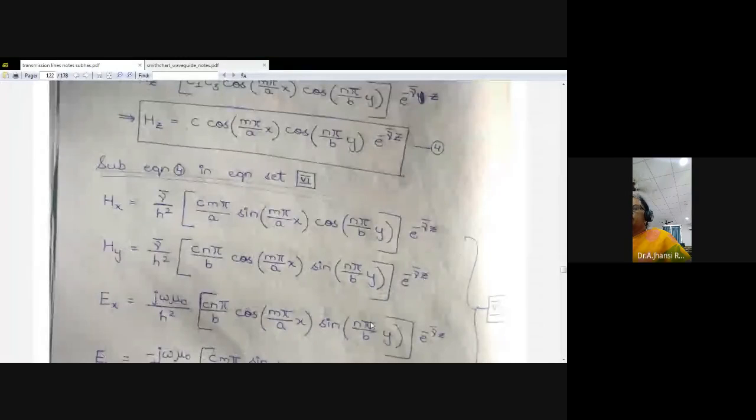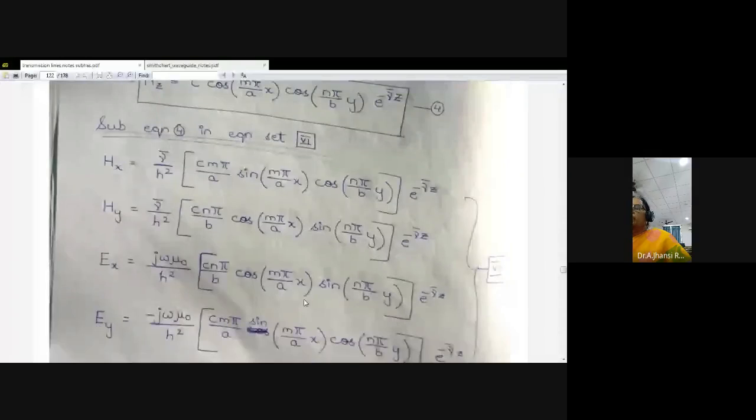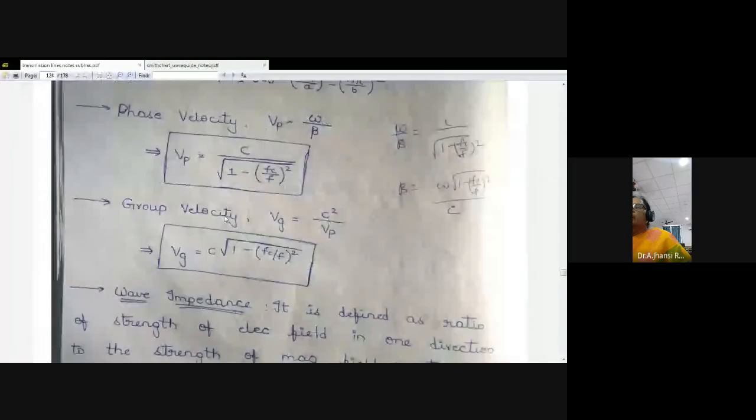And because we are taking the magnitude, this is equal to unity. Like this, if we take only the magnitude and substitute in these equations, you will get Ex by Hy.